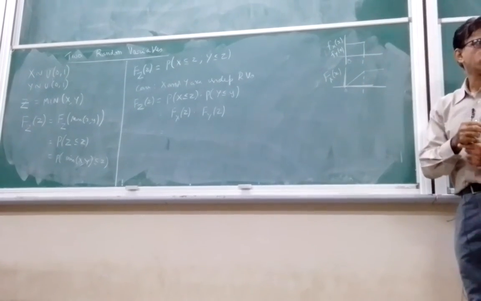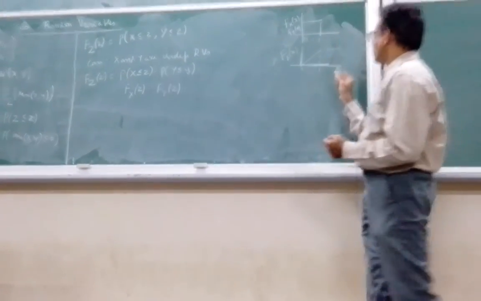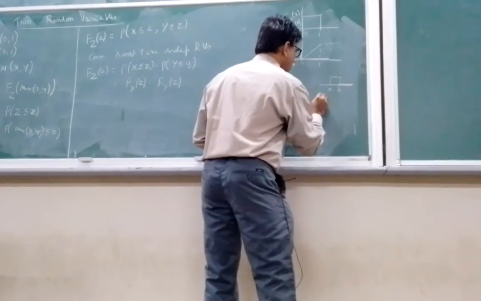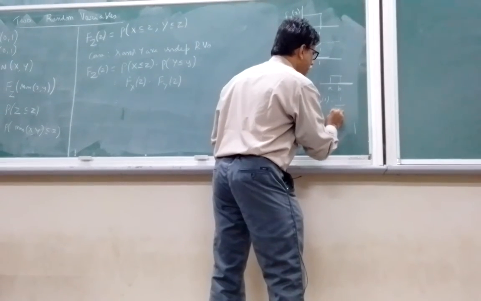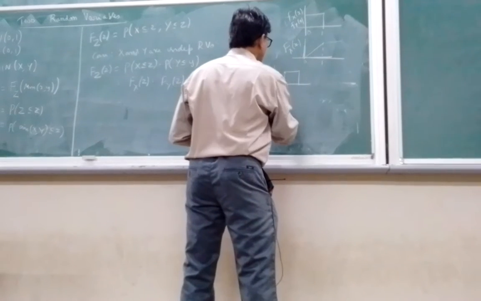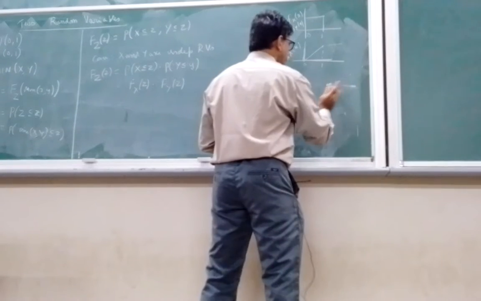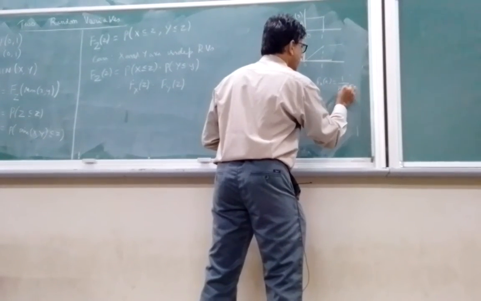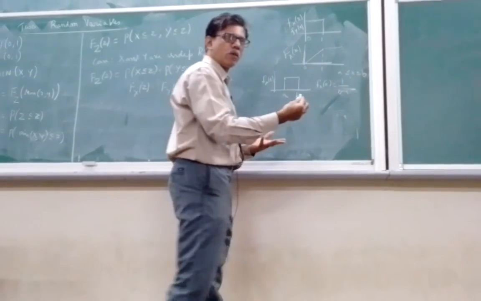In general, if X is uniform between A and B, then f_X of x is 1 over b minus A for x lying between A and B and 0 otherwise.